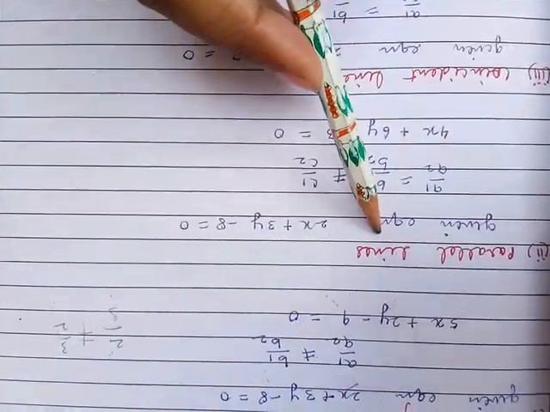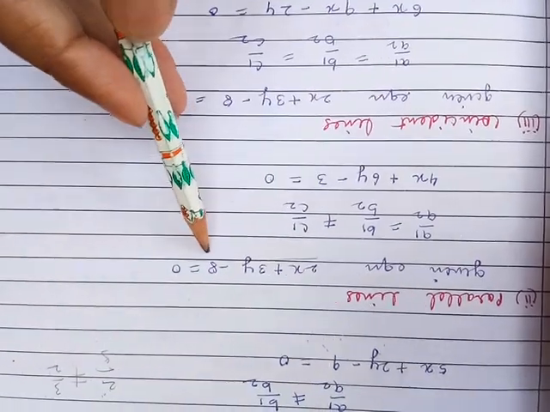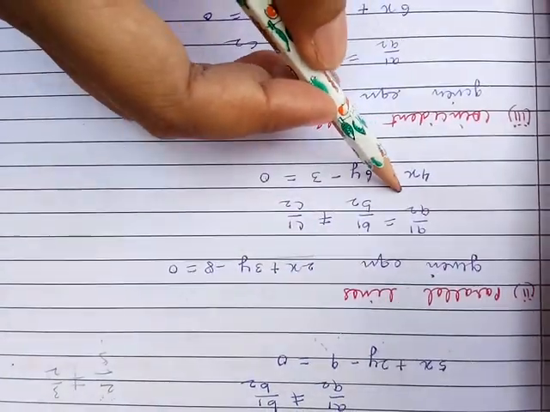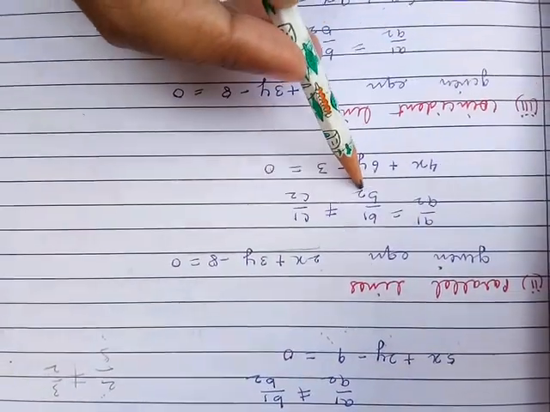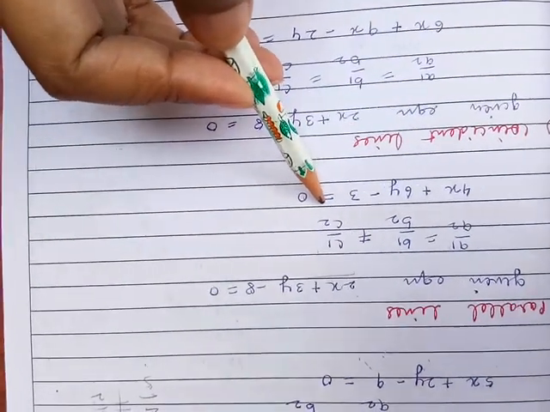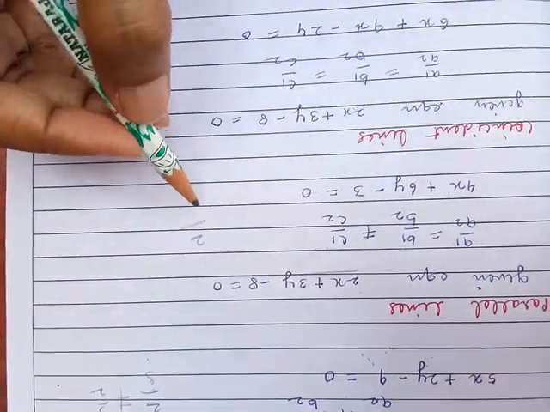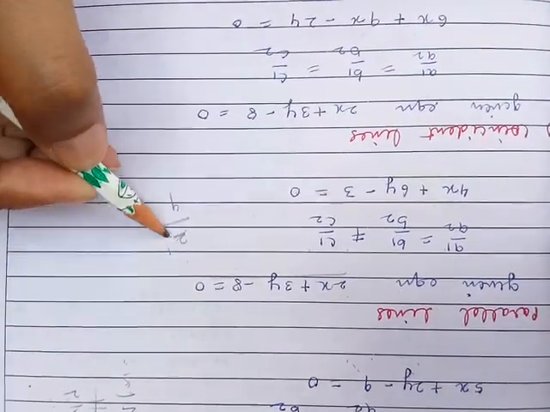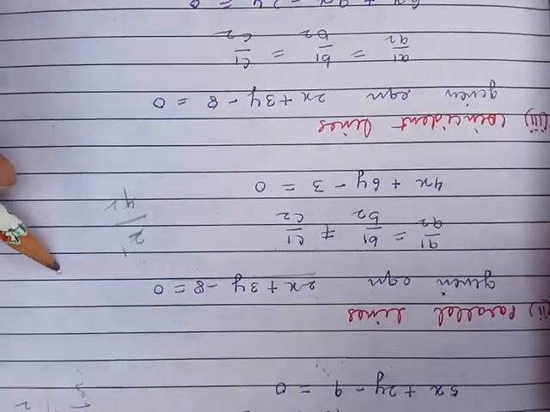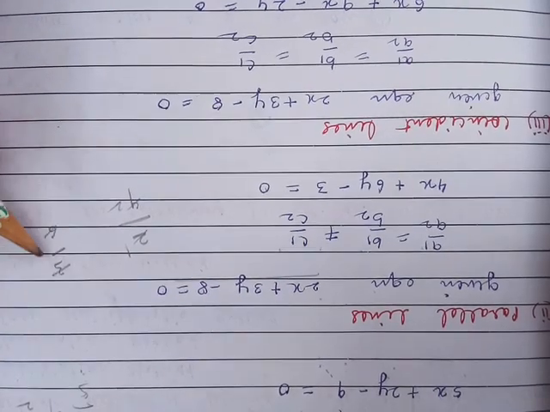Now parallel lines, given equation is 2x plus 3y minus 8 is equals to 0. If lines are parallel lines, it means a1 upon a2 is equals to b1 upon b2 is not equals to c1 upon c2. So here a1 is 2 and a2 I have taken as 4. That is 1 by 2. Now here 3, and b2 I have taken as 6, because when you cancel it will be 1 by 2.